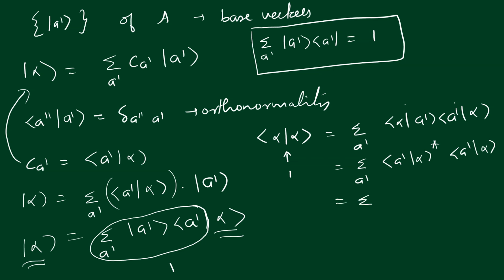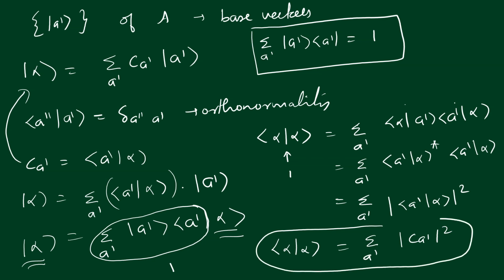This is nothing but sum over a prime modulus square of bra a prime ket alpha, or the sum over the modulus square of the expansion coefficients, because these are exactly the expansion coefficients. So we saw that this inner product bracket alpha alpha can be written as a sum of modulus squares of the expansion coefficients.